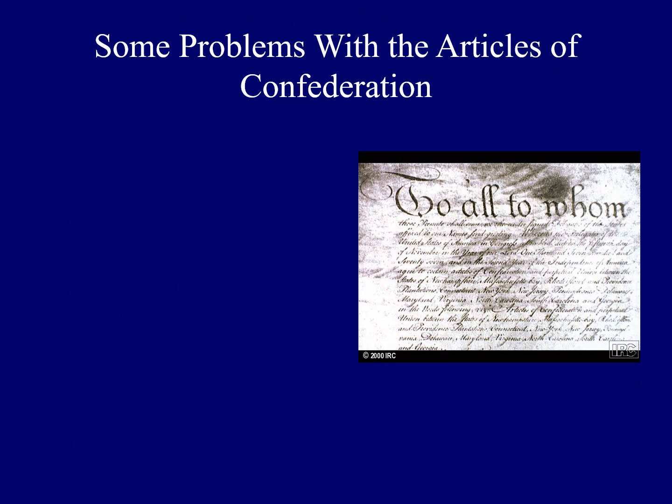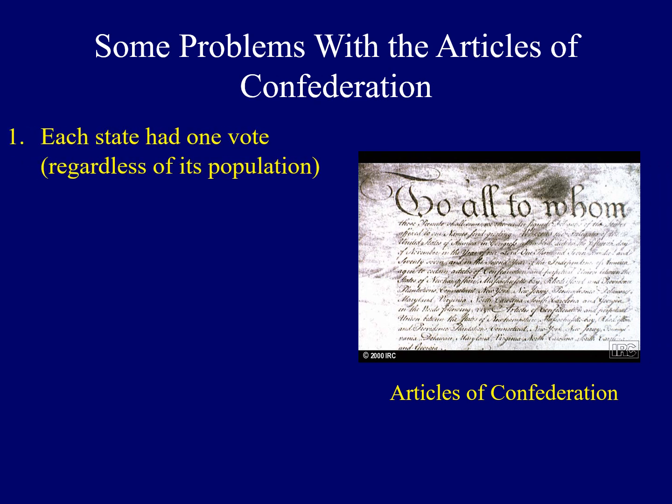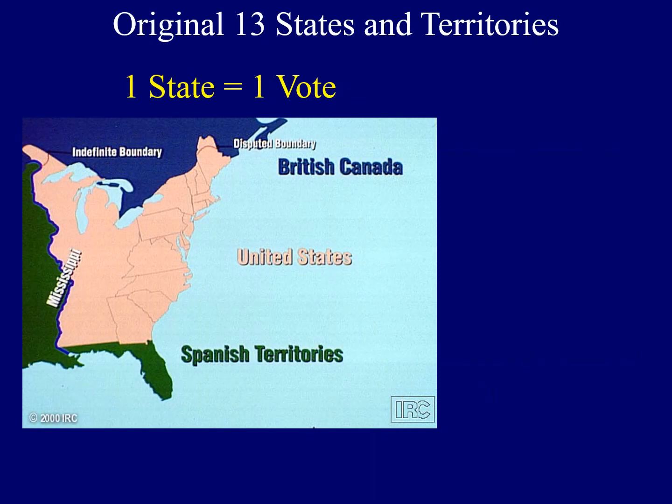While the Articles provided enough unity for the colonies to defeat the mighty British Empire, there were some problems associated with it. First of all, each state, when it came to passing legislation, had one vote, regardless of its size or its population. Let me show you on the next slide. Each individual state had a lot of power under the Articles.